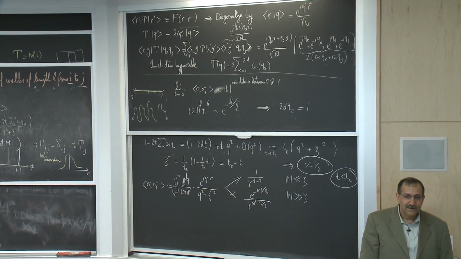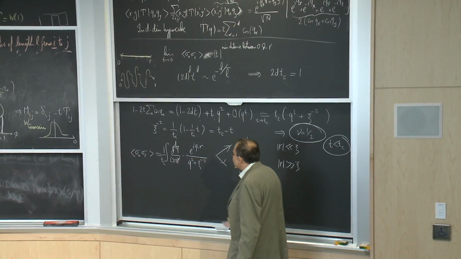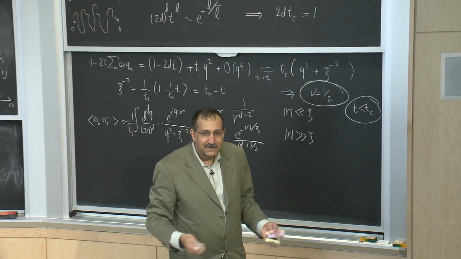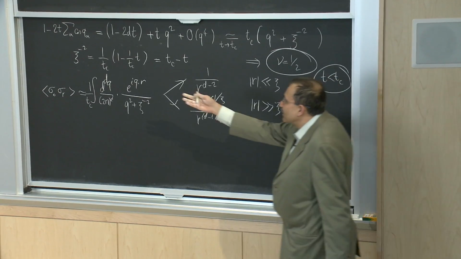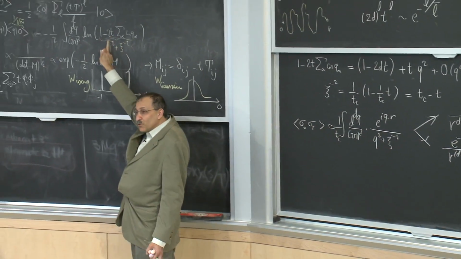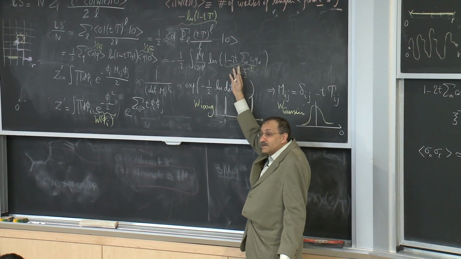Once I go to t that is greater than tc, then this denominator that I had became negative. It just doesn't make sense. Negative correlations don't make sense. The argument of the log that I have to calculate here, if t is larger than 1 over 2d, doesn't make sense.